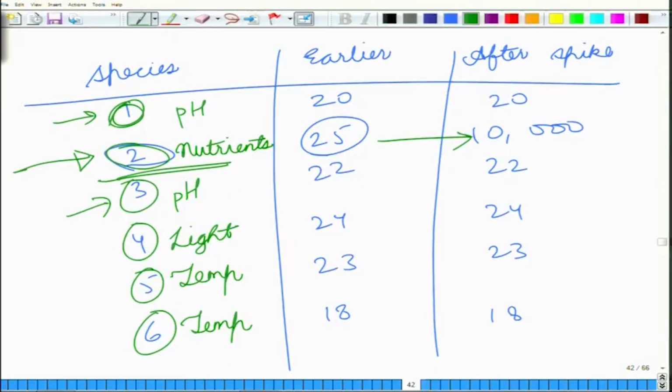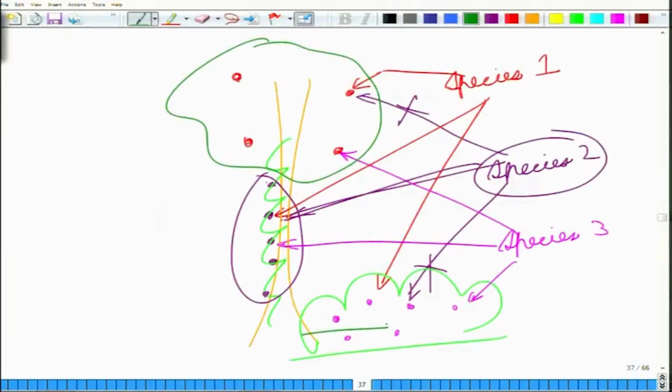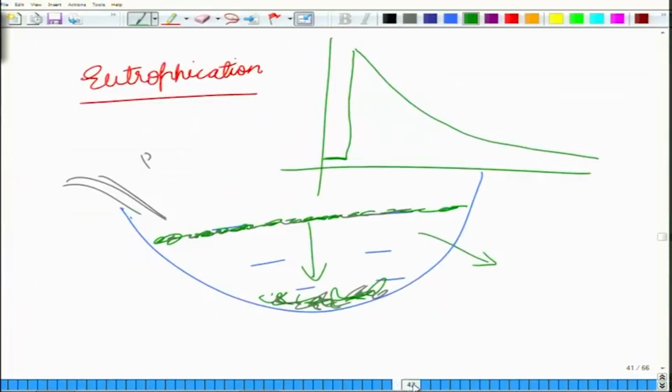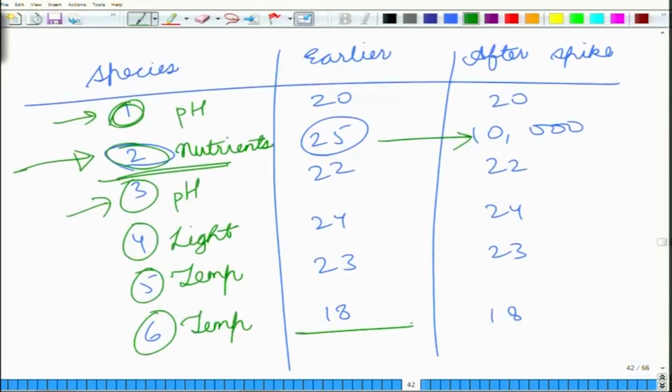Now once that happens, what do we say about the diversity or the biodiversity in this community? In the earlier situation, all the individuals were roughly the same, so every species had more or less equal numbers, and the level of biodiversity is high.